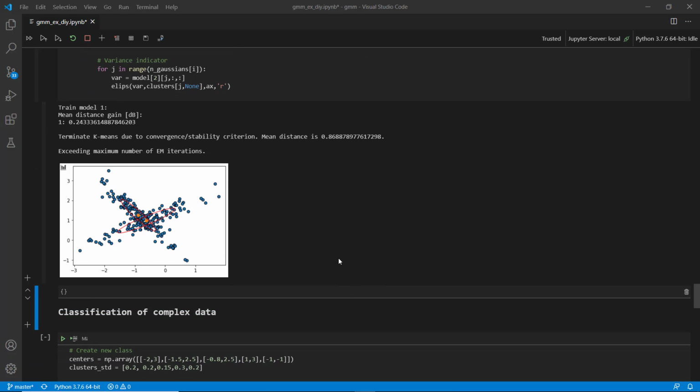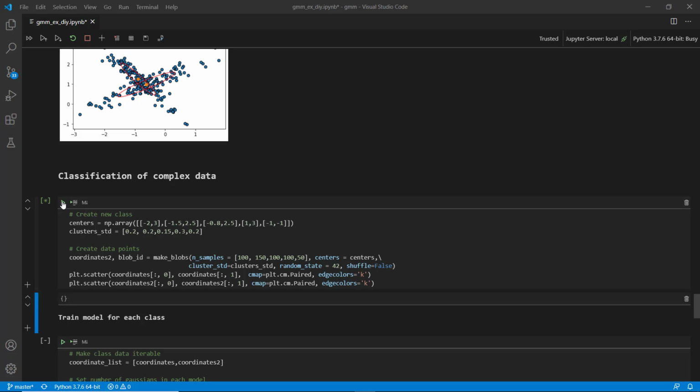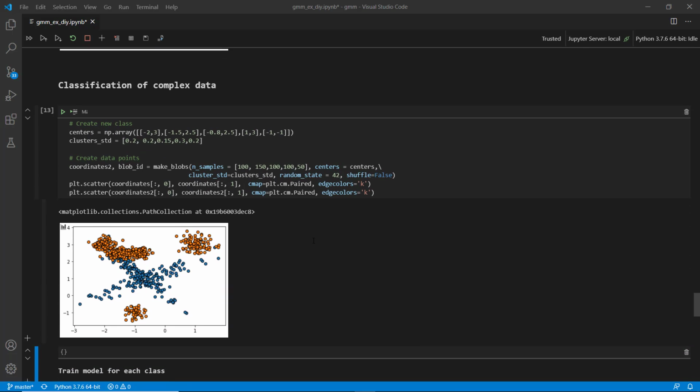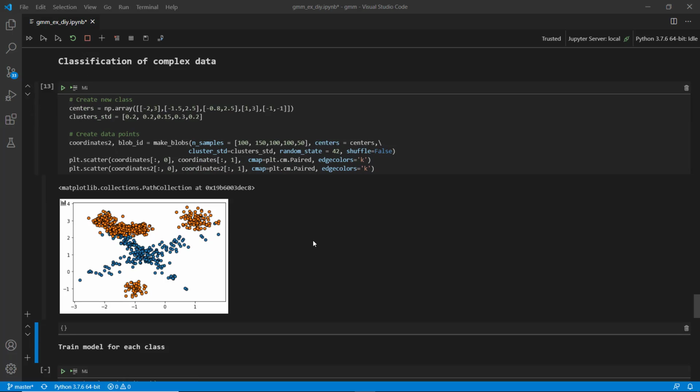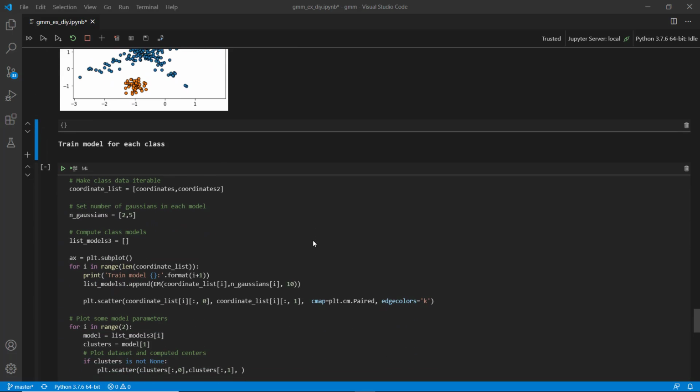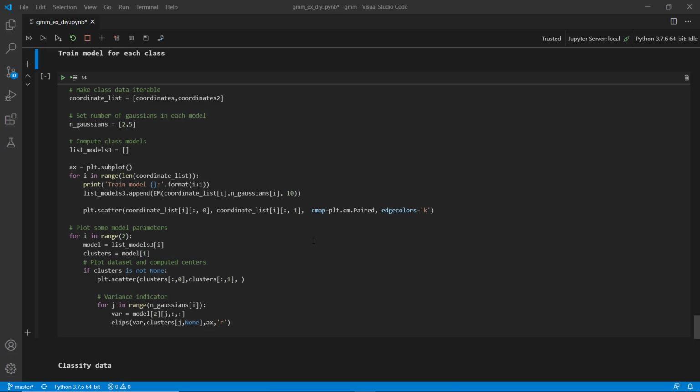Now I want to move on to even more complex data. We're using the data from before as one class, and we've just randomly added some other data in, but it's all one class. And I want to now train models for each class. So we're training two GMMs. And when we look at the data, we can see for the blue class, we'll give 2 Gaussians, and maybe for the other class, we give 5. So we're allowed to do that.